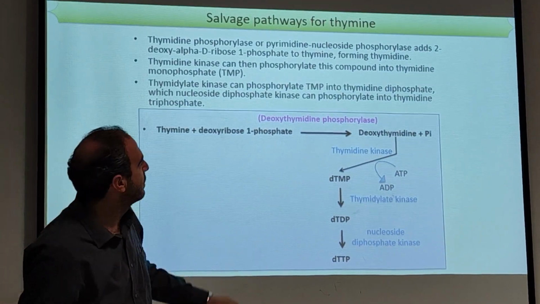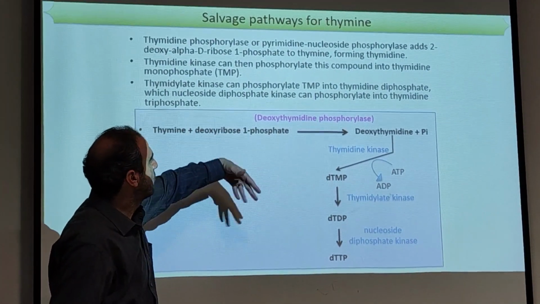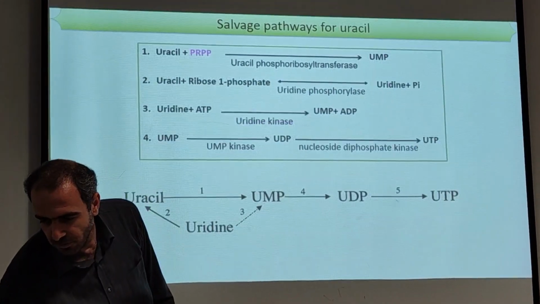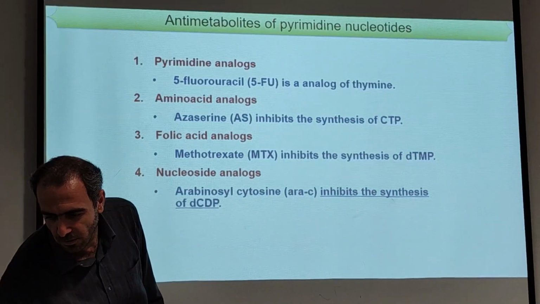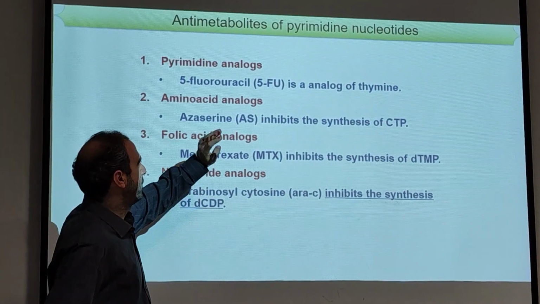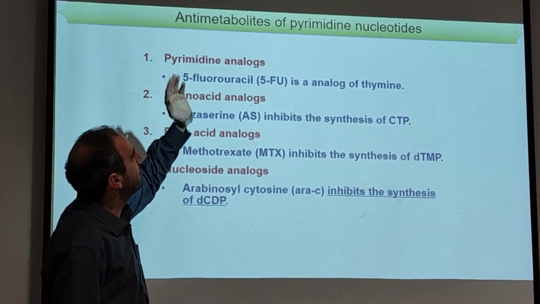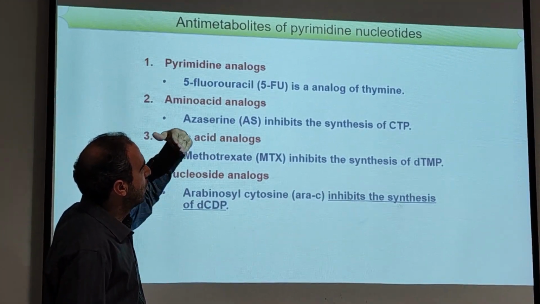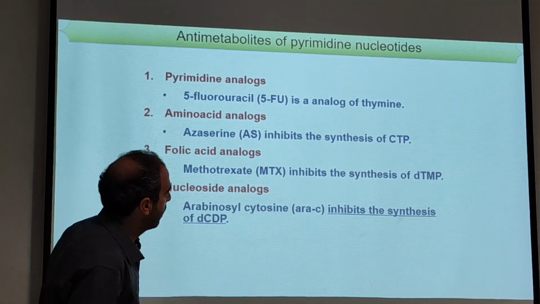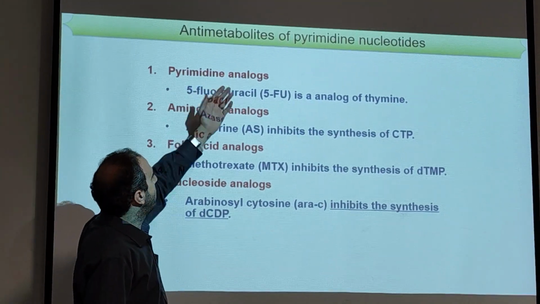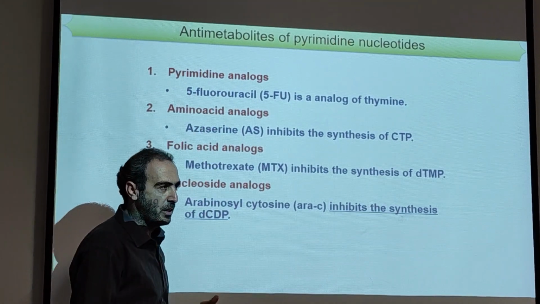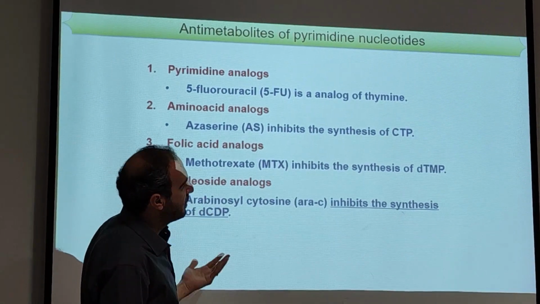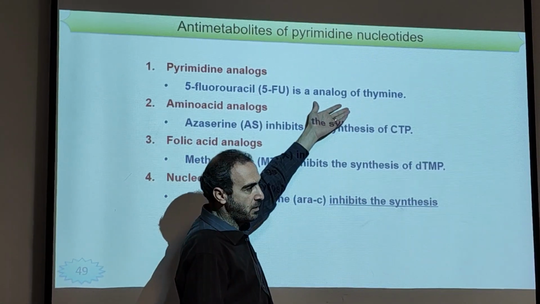Related to pyrimidine salvage, it's not actually important for you. Do not talk about pyrimidine salvage. But related to drugs which we can use as anti-cancer or other things. One of them is a pyrimidine analog, 5-fluorouracil, which, as you saw, inhibits thymidylate synthase.